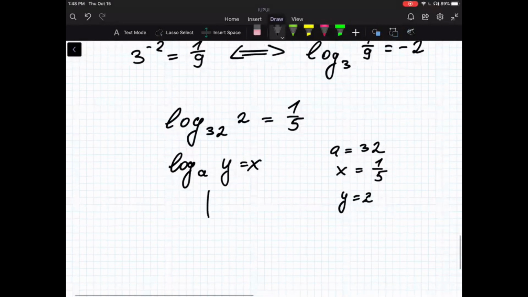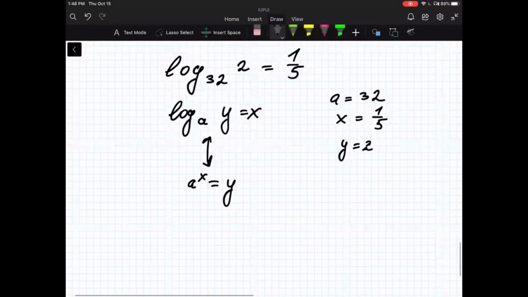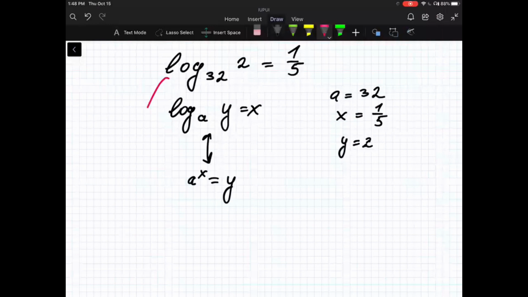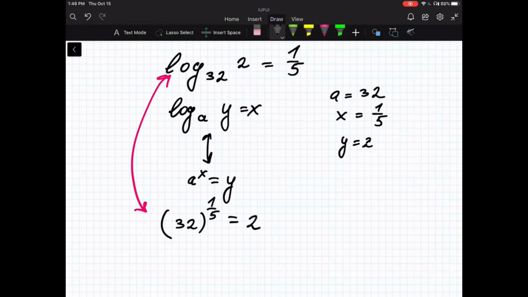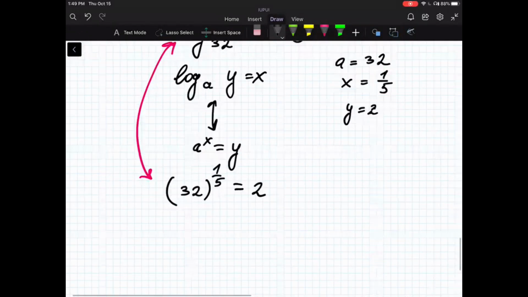And we want to express it in the following way: a to the power x is equal to y. So we see that this is equivalent to the following: 32 to the power 1/5 is equal to 2. This is the equivalent form.